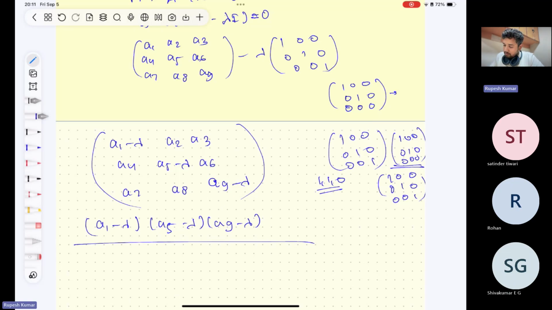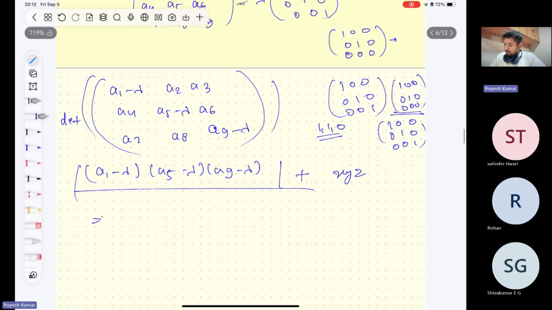When you take the determinant of this matrix, you will get this plus something else, some XYZ, and this will give you a polynomial of degree 3 in lambda.